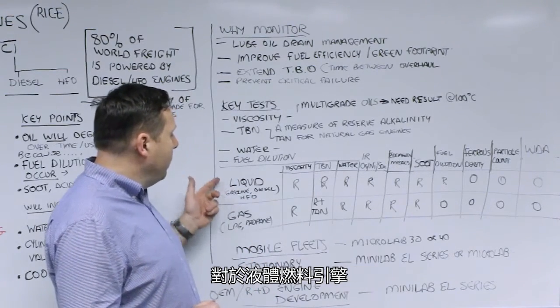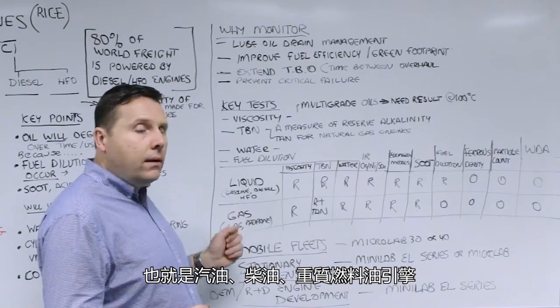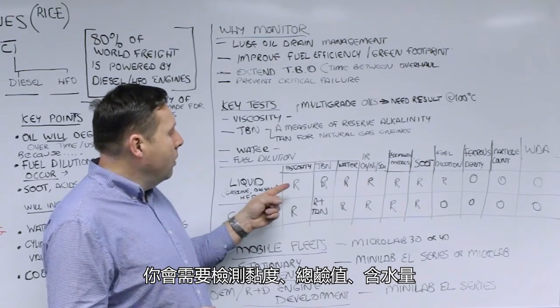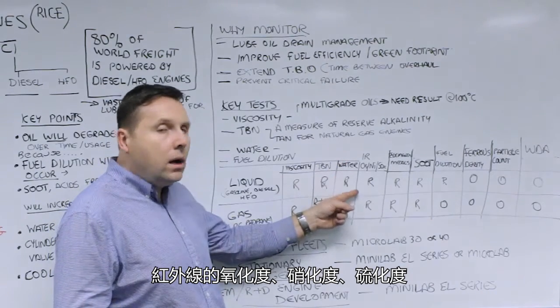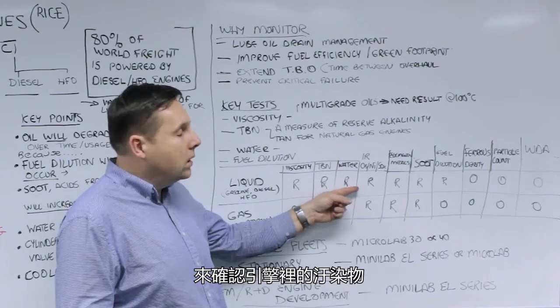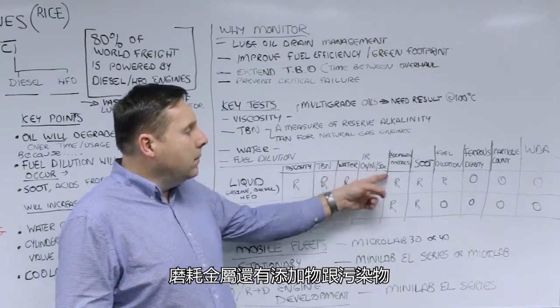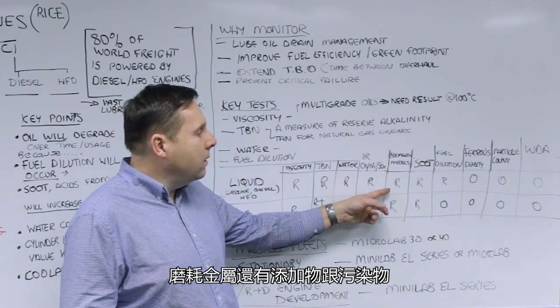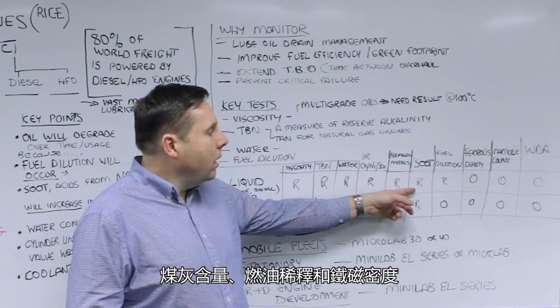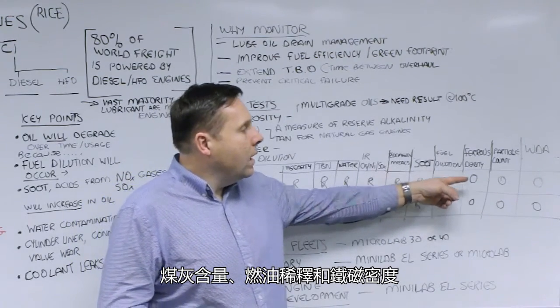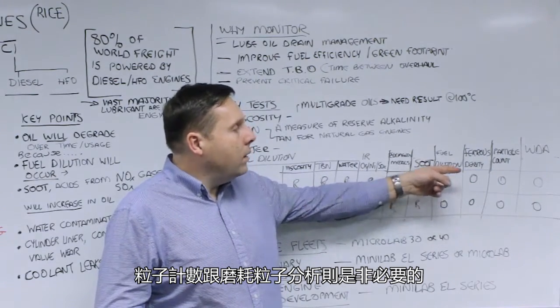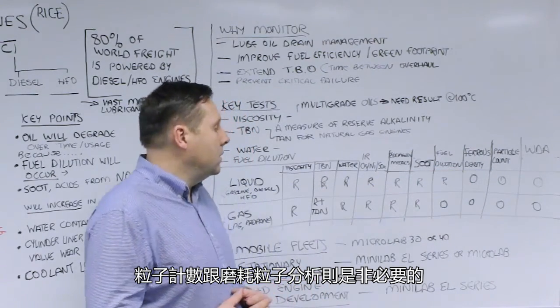For liquids fueled engines, that's gasoline, diesel, heavy fuel engines, you want to be running viscosity, base number, water content, infrared, oxidation, nitration, sulfation to look at the contaminants getting into the engine, elemental wear metals and additives and contaminants, soot content, fuel dilution, do a ferrous density for a screen, particle count is optional, and wear debris analysis is optional as well.